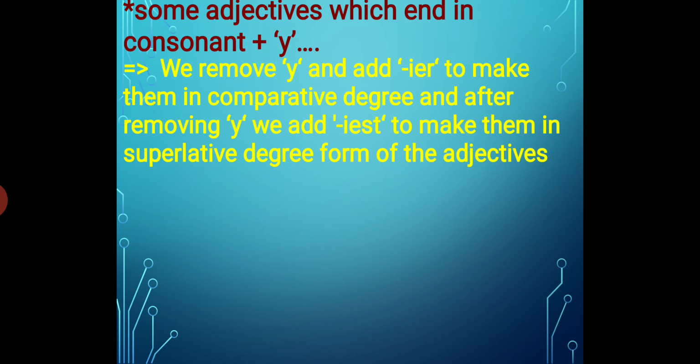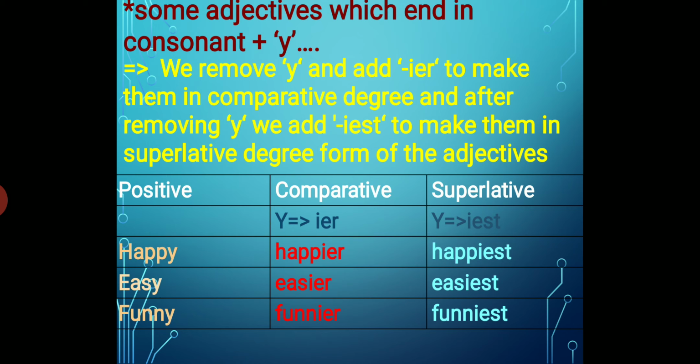Means if the adjective ends with Y and before Y there is a consonant, then we remove Y, means cut the Y and add IER to make it in a comparative form, and for the superlative form we remove Y and add IEST. Let's see the examples in a table.